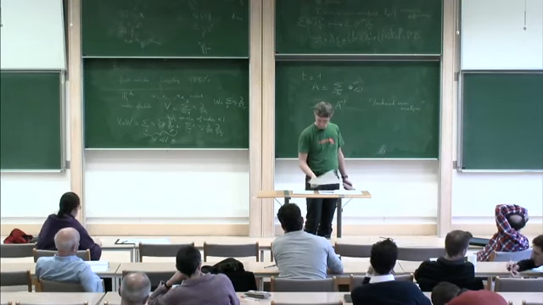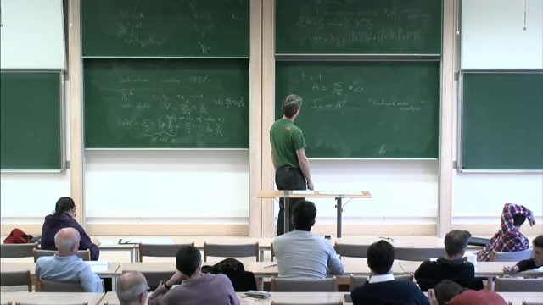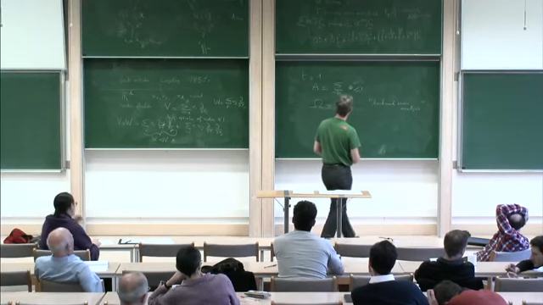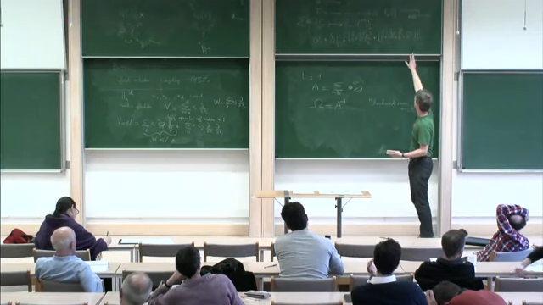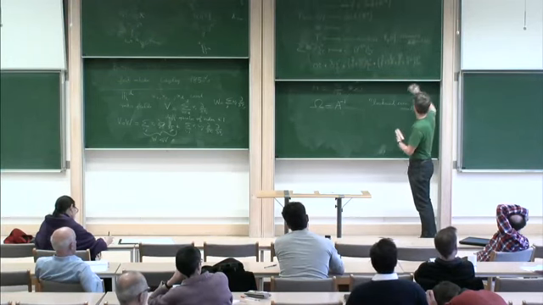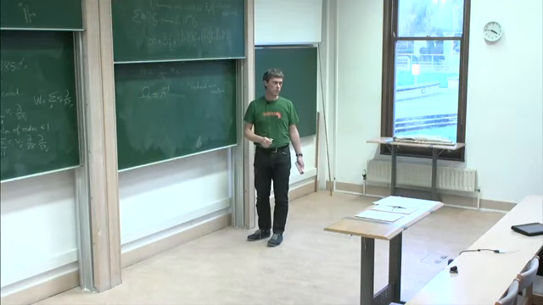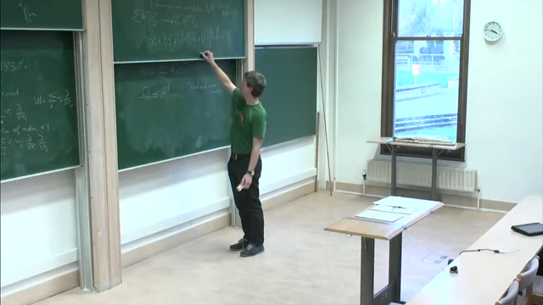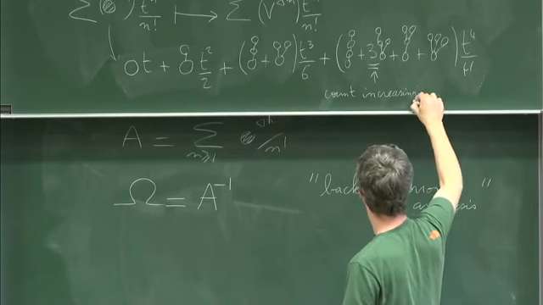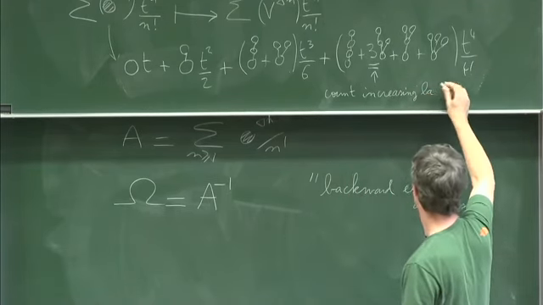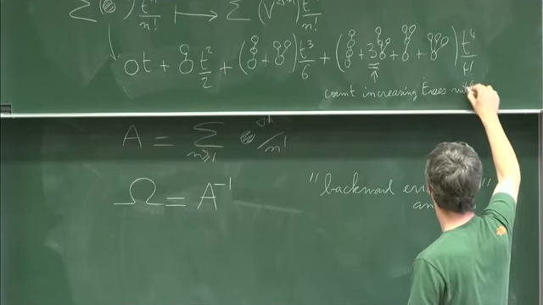And so, I forgot, I wanted to say something on the coefficients there. You see these numbers there? These numbers are easy because they just count increasing labelings, well, increasing trees with this shape.